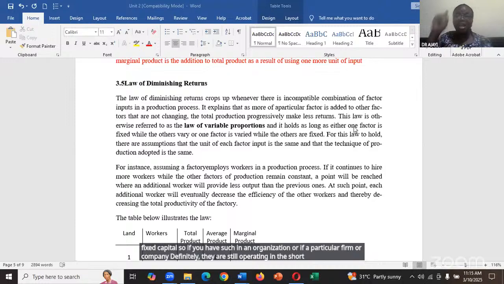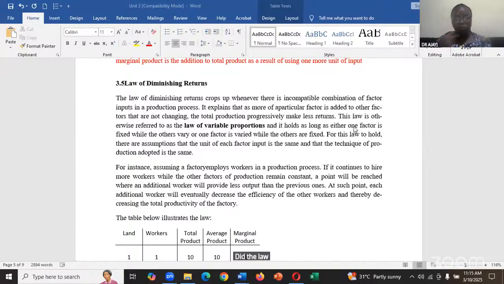So when you are trying to differentiate between the law of diminishing return and the law of variable proportion, the law of diminishing return does not crop up if there is no fixed factor input.